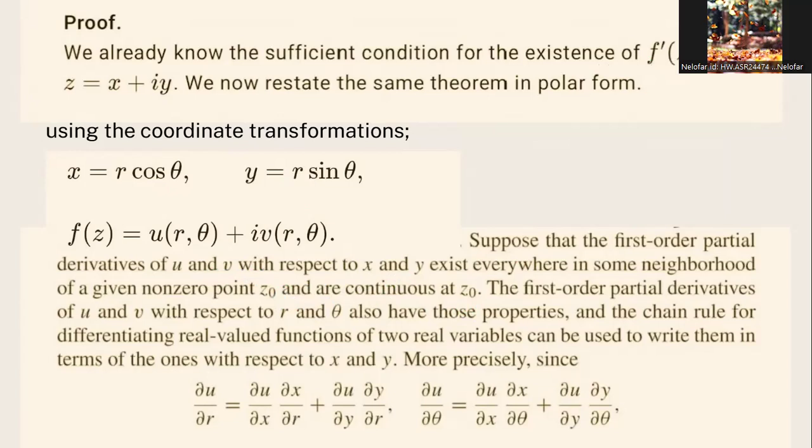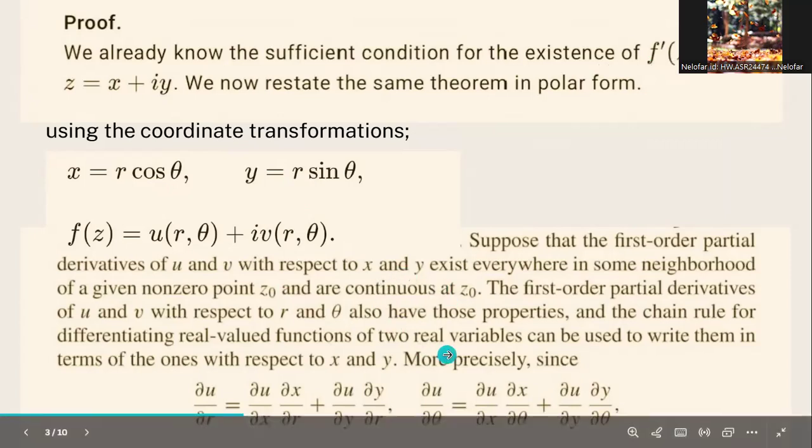Then, according to this condition, the corresponding partial derivatives exist with respect to r and theta and also are continuous. And we can apply the chain rule for differentiation of real valued functions of two real variables to express these partial derivatives with respect to r and theta in terms of the previous ones.